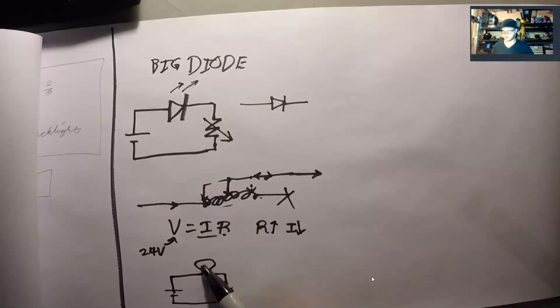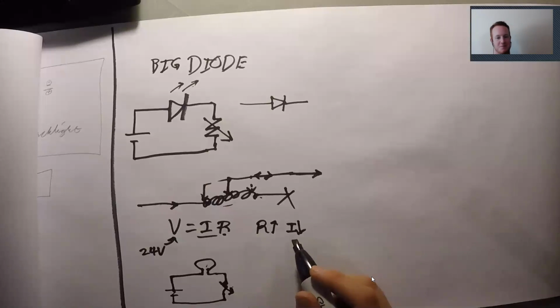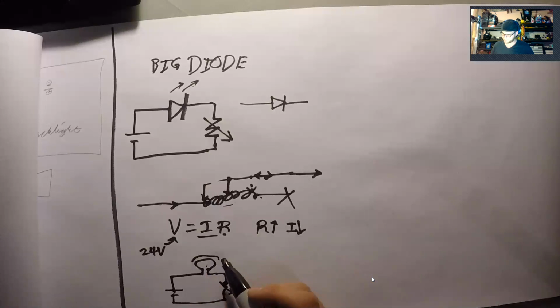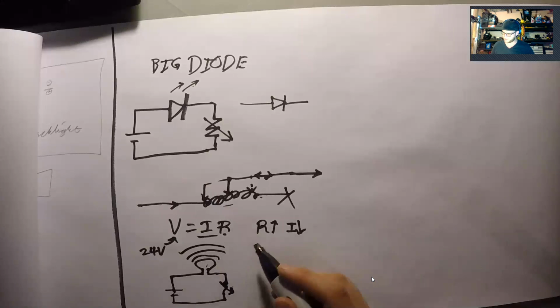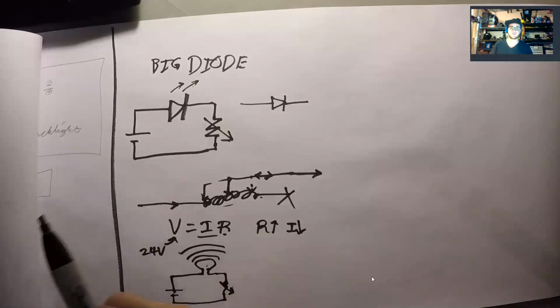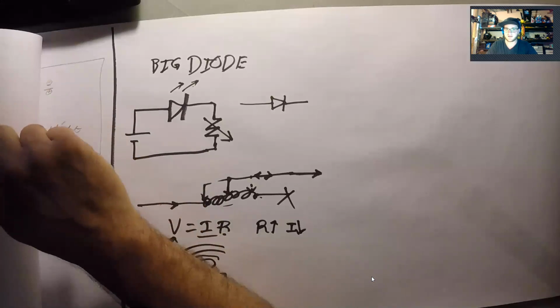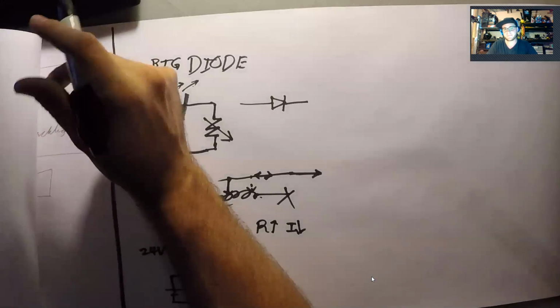If your current's changing through here, what's going to happen? Brightness of the light changes. Exactly. And so this is high resistance, low current, right? And then if you lower your resistance, it gets brighter and brighter and brighter. So that's literally how your dimmer switch on a light in your house works. It's a rheostat.